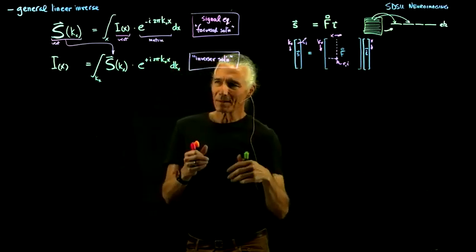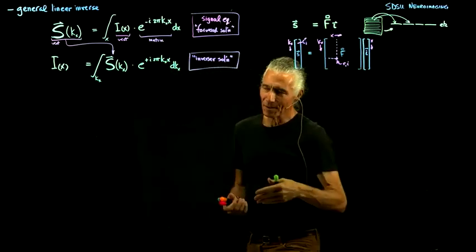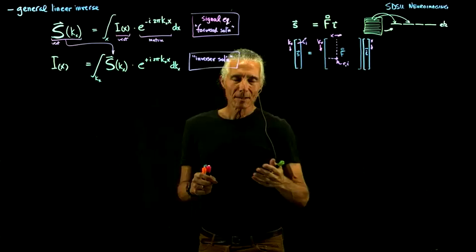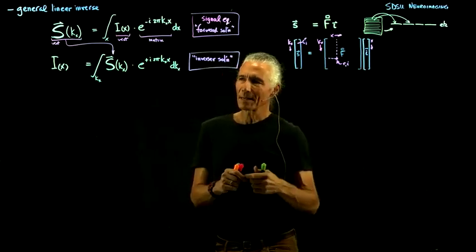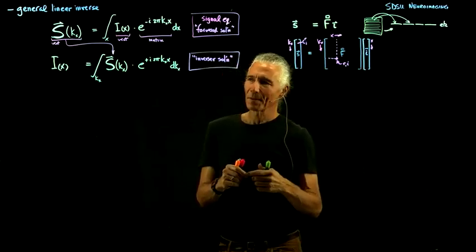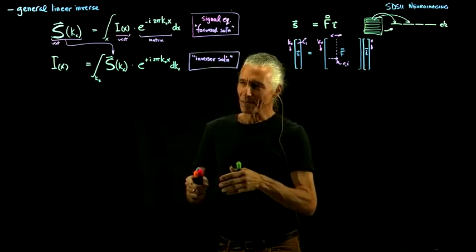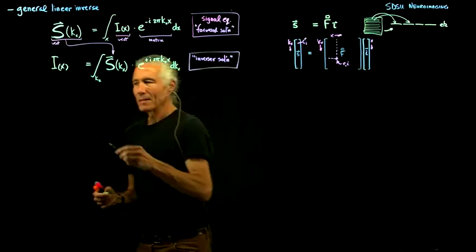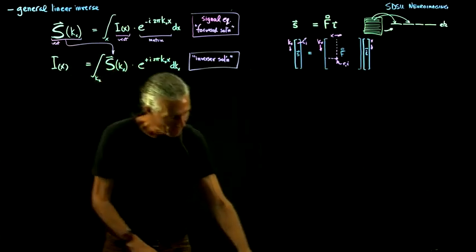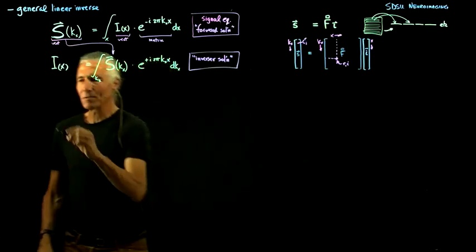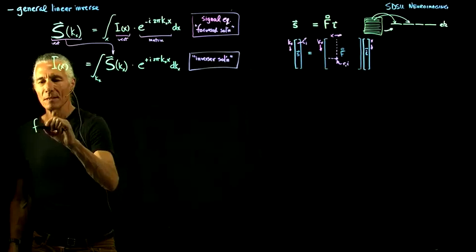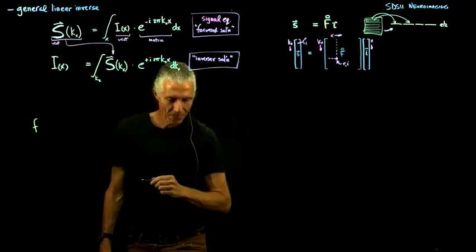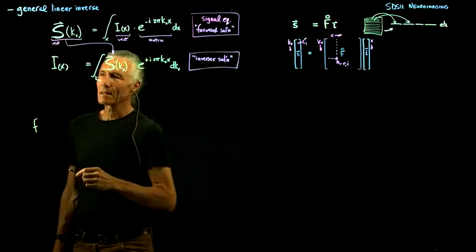I haven't really talked about echoplanar imaging, like you do for functional MRI. I'll talk about that next week, but I'll give an example from it, so I'm slightly jumping ahead. So if we do that, here's our f that we're going to stick in there.